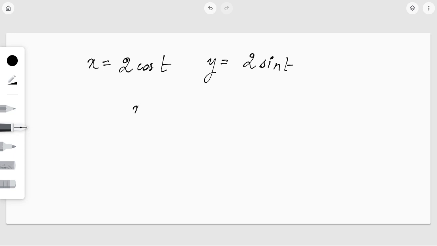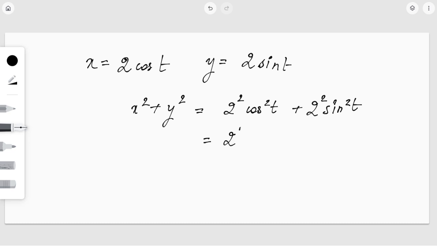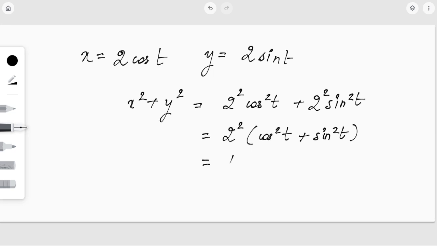Now what will be x square plus y square? 2 square cos square t plus 2 square sin square t. Taking 2 square common, we get cos square t plus sin square t. Now we know cos square t plus sin square t is equal to 1, so the value would be 4. So we get x square plus y square equal to 4, and we also have z is equal to t.